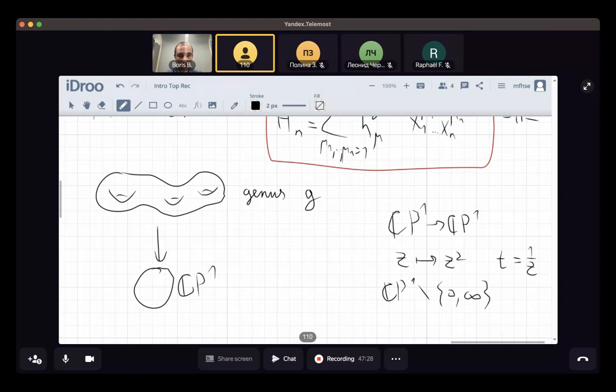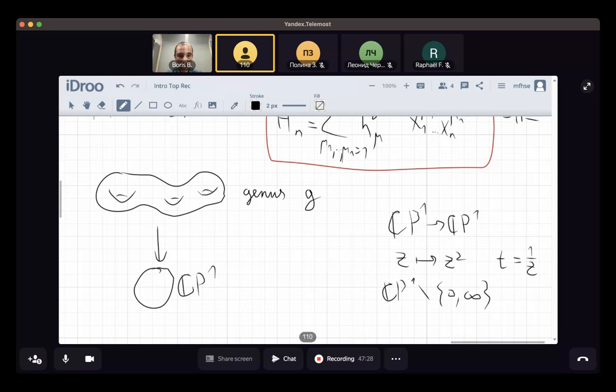But then we consider all possible. Instead of just sphere to sphere, we can take a genus G surface over the sphere. We consider all possible ramified covers like that, and natural equivalence.